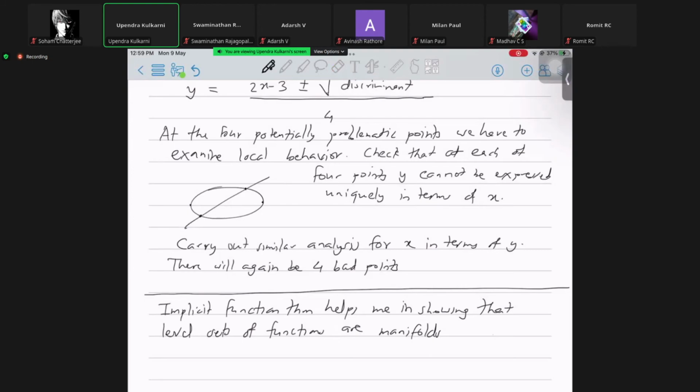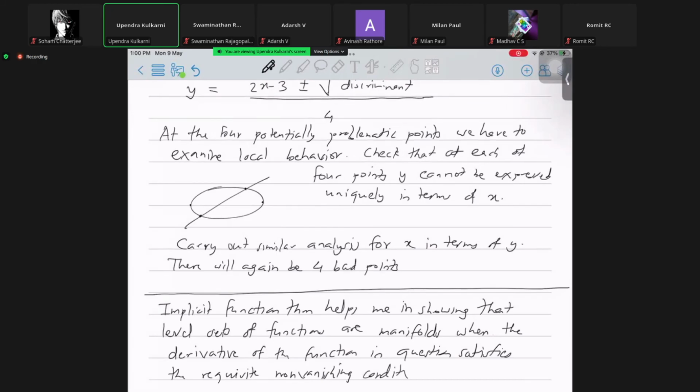That is, level sets of a function are manifolds when the derivative of the function in question satisfies the requisite non-vanishing condition.